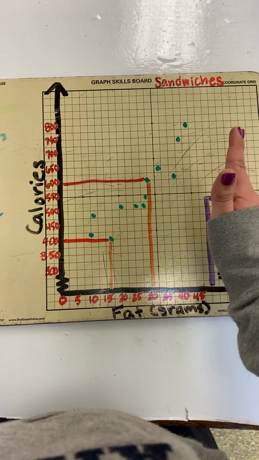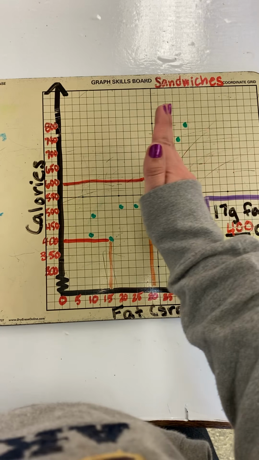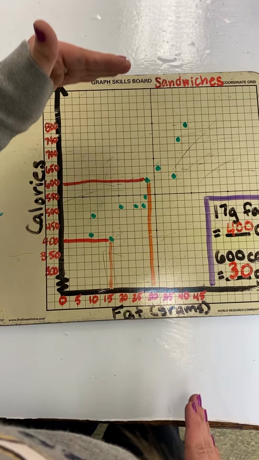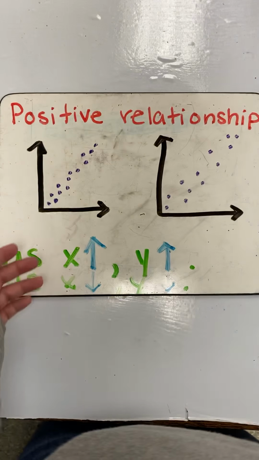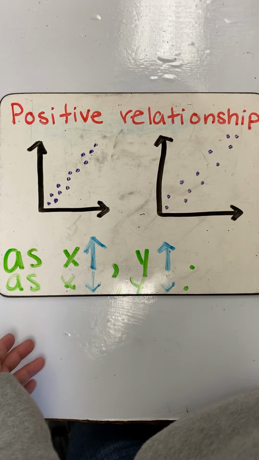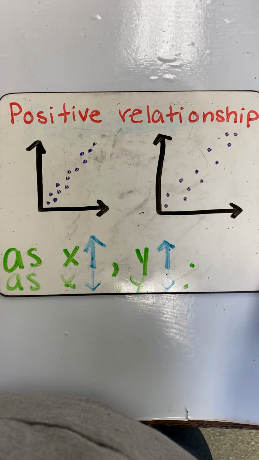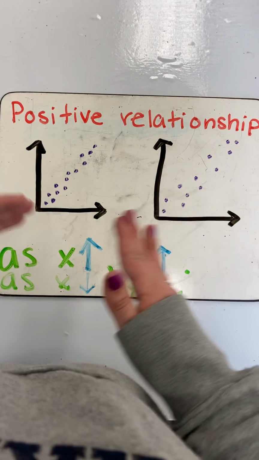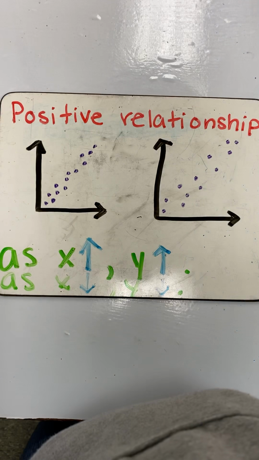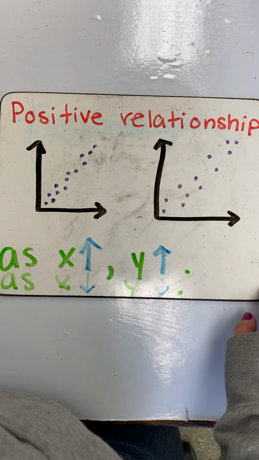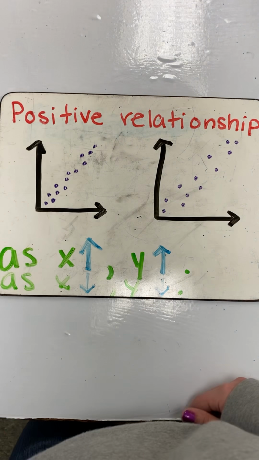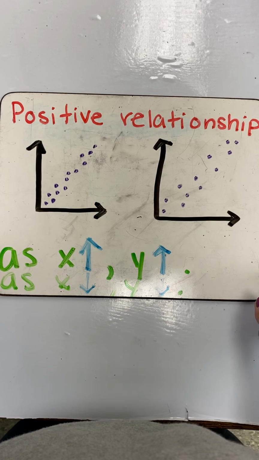Same thing if we go the other way: as my dots decrease in fat, they're also decreasing in calories. So a positive relationship doesn't necessarily mean that the outcome is positive. It just means that they're going in the same direction at the same time. If it's increasing in the X direction, it's also increasing in the Y direction. If it's decreasing in the X direction, it's also decreasing in the Y direction.